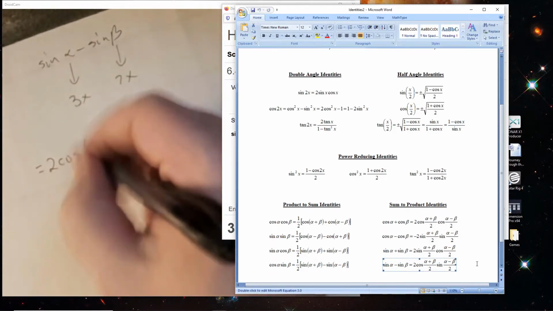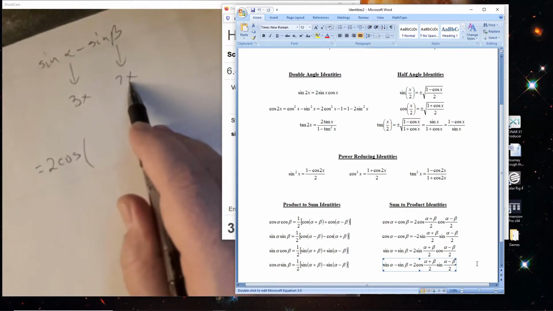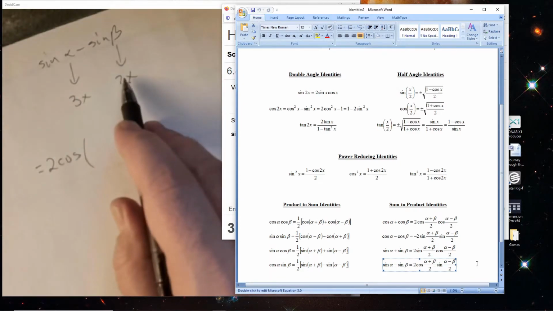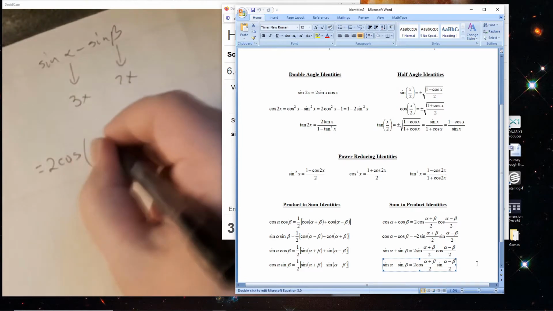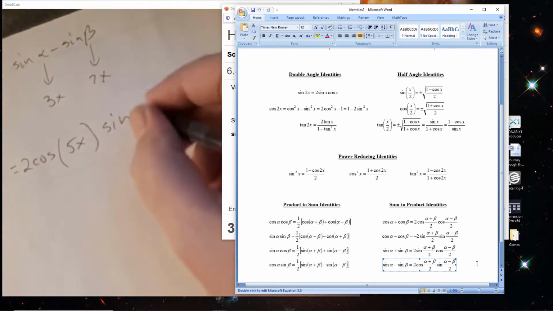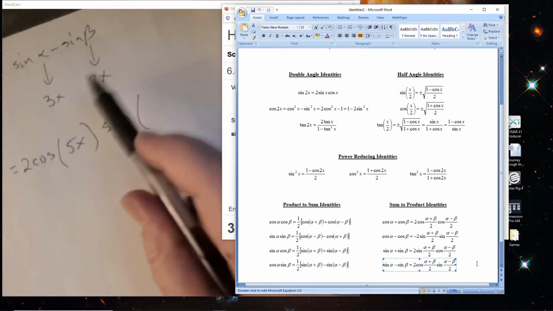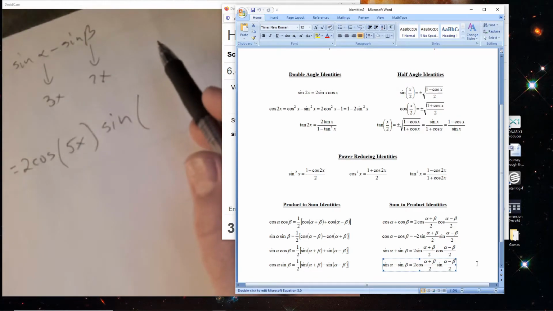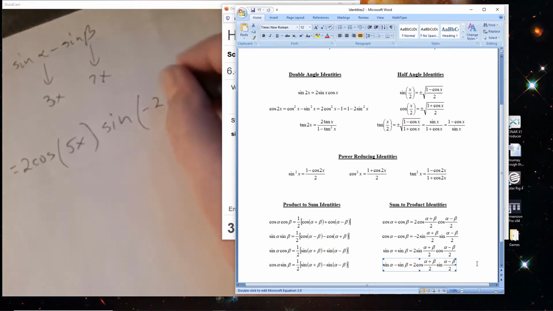So we got alpha plus beta. 3 and 7 is 10, divided by 2 is 5. And then we have alpha minus beta. 3 minus 7 is minus 4. Minus 4 divided by 2 is minus 2.